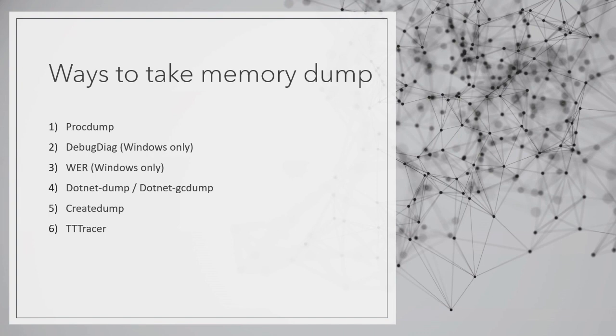You might be wondering, why do I even need a TT tracer? So I'll give you some examples. For example, I was working on an issue where the application was throwing an access violation. And when I took a normal memory dump, I found out that the application was trying to access a memory which was corrupted.